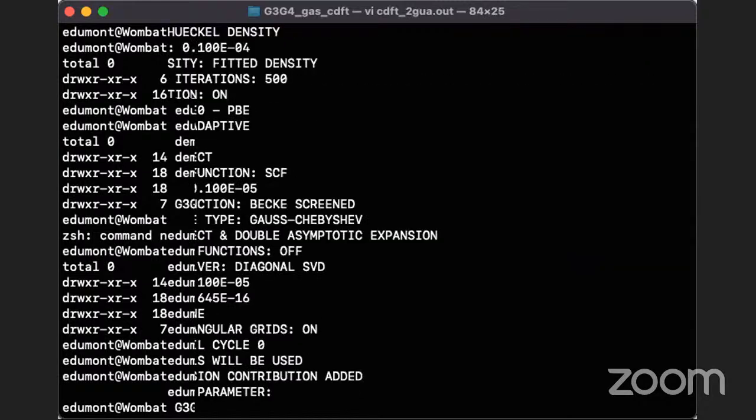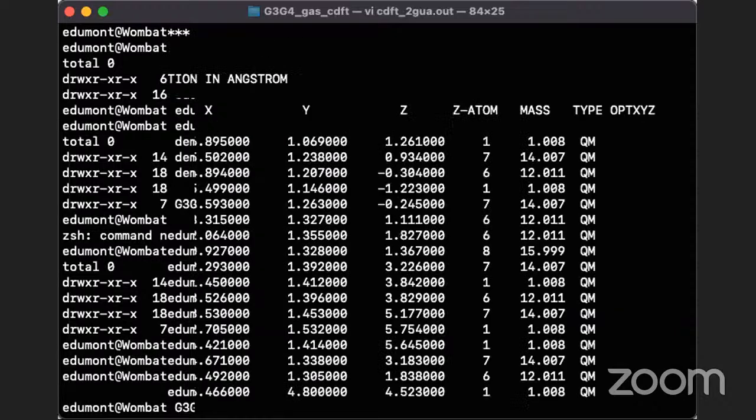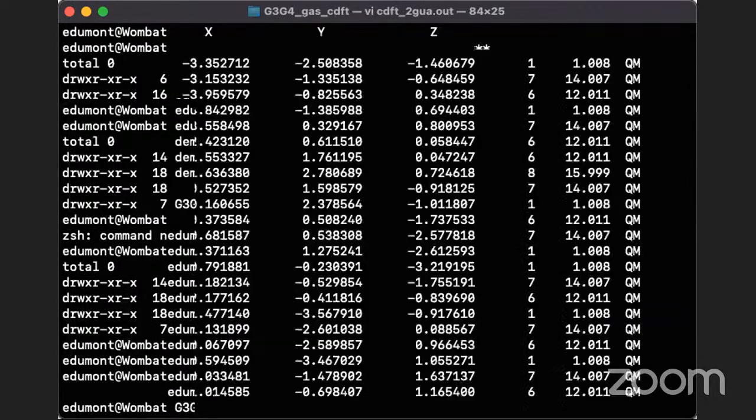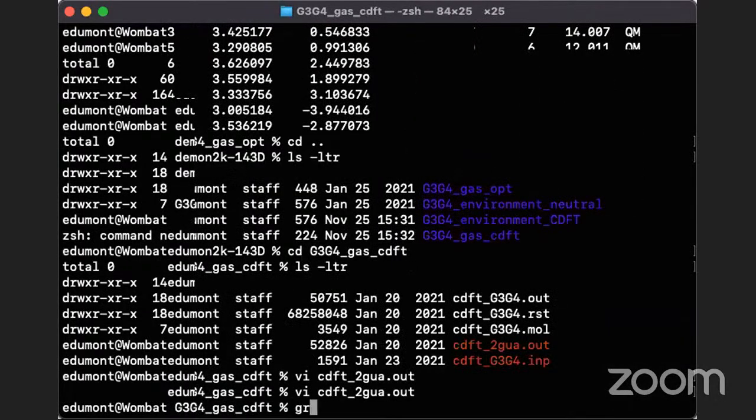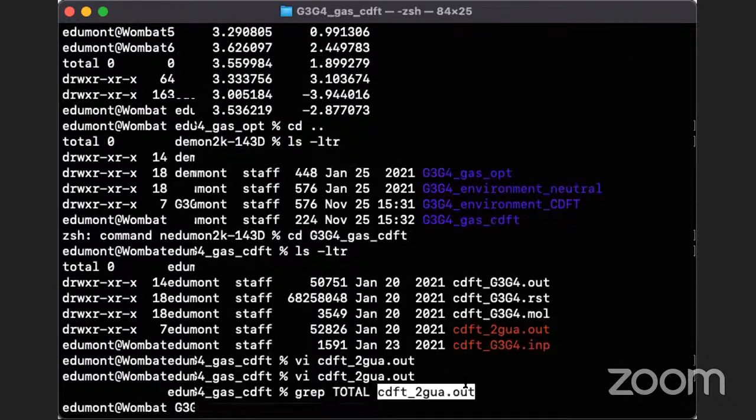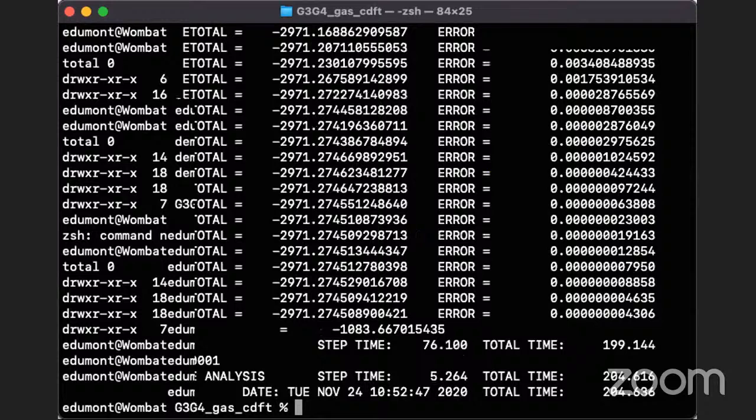So we can see here, we will always be using PBE50 for now. And the total energy you can just grab if you want, because otherwise it's just a DFT calculation you know how to do.